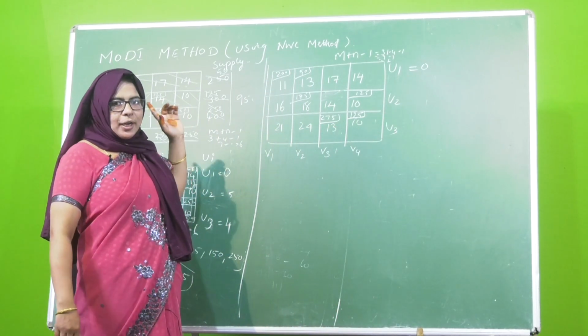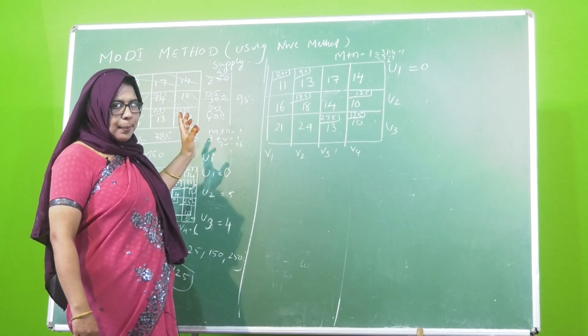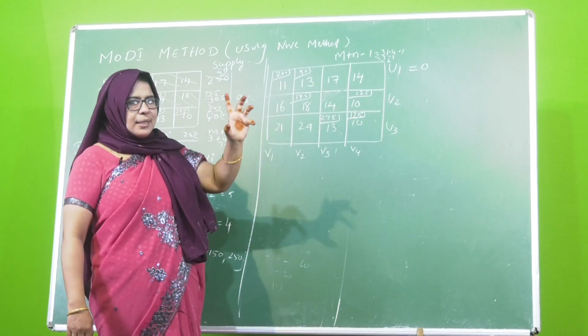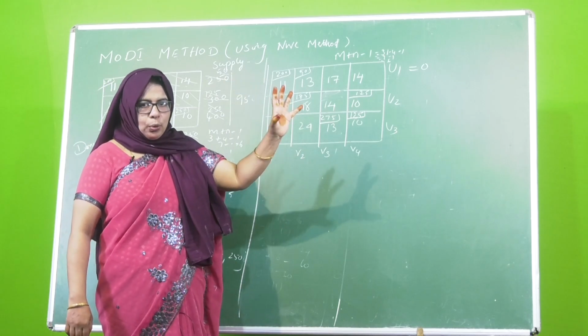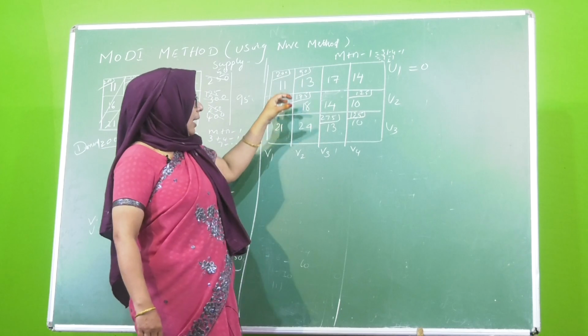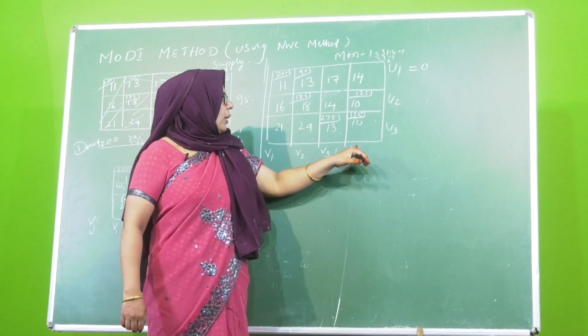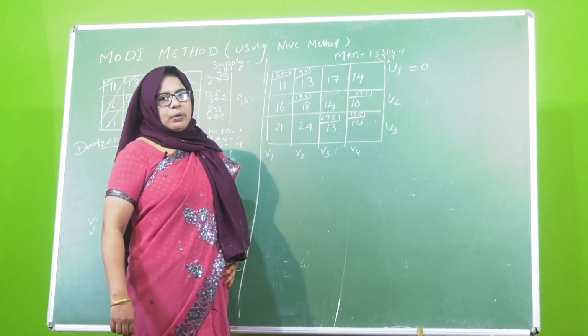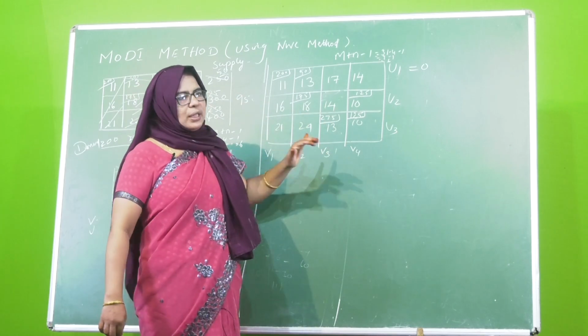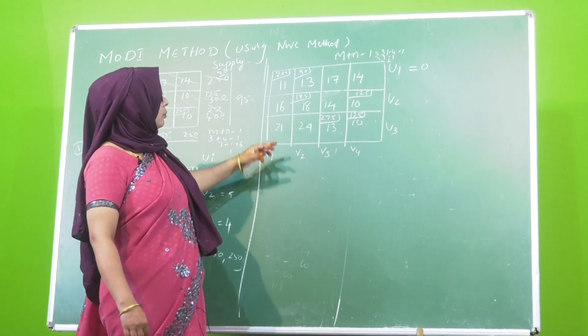Now we have only one element, U1 equal to 0, and using it we have to calculate U2, U3, V1, V2, V3 and V4.